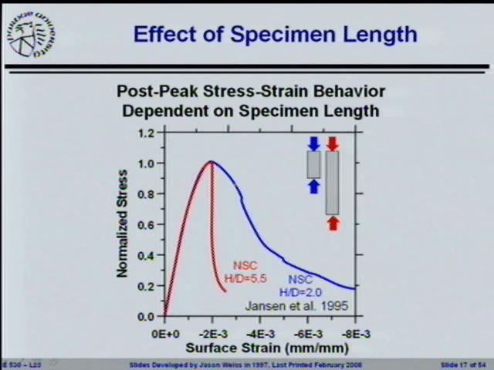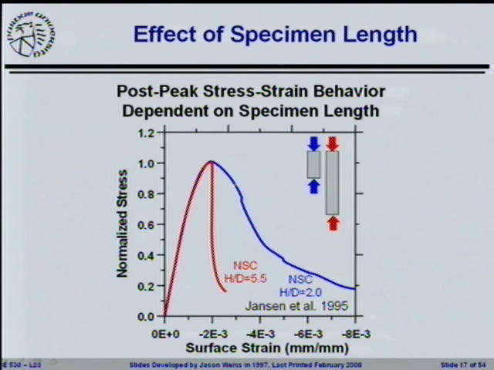Now, what are some of the implications of this? And I'm going to say this, and it is going to shock the foundations of the world that you knew. Stress-strain is not a material response. The stress-strain response that you get of concrete is not a material response. It depends on the geometry of the sample that you have tested.